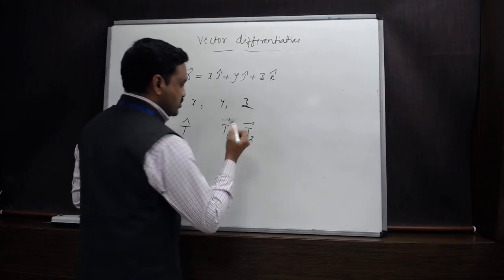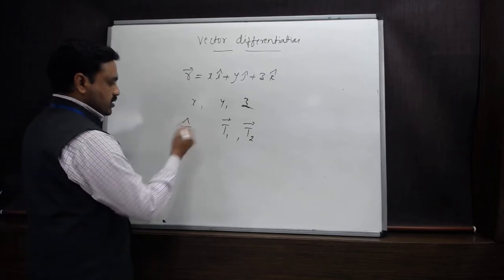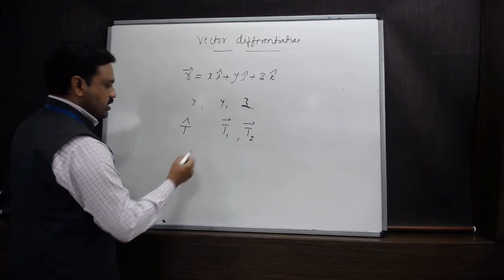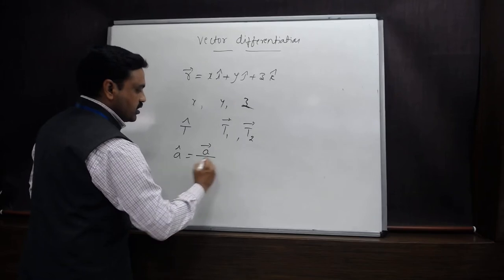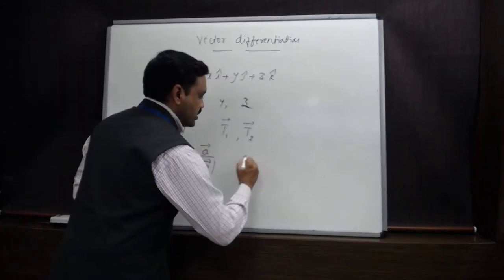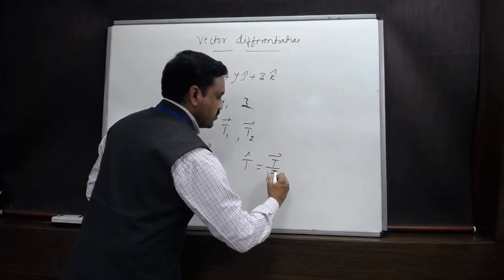You will get questions like that in the exam. For the unit tangent vector, as I explained in the previous topic, the formula of a unit vector is vector A divided by its magnitude. In the same way, the unit tangent vector T cap is vector T divided by its magnitude.